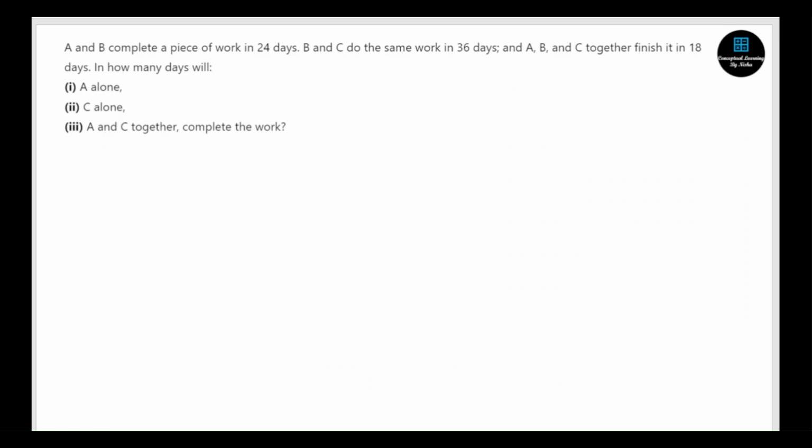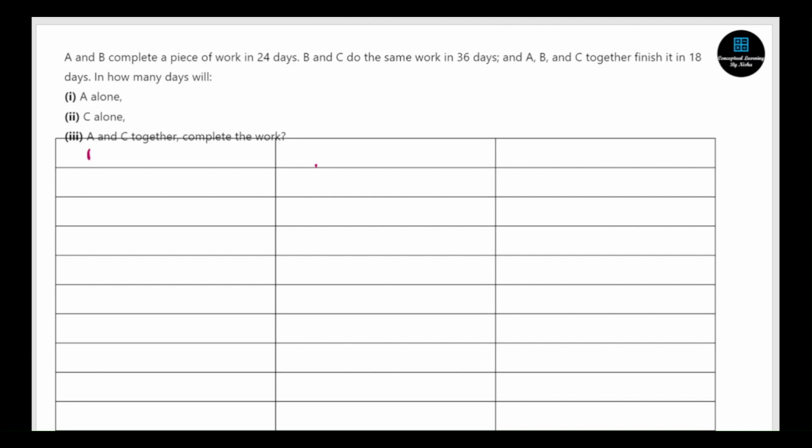Okay, now this is a similar question which we have already solved previously. A and B can complete a piece of work. Let me quickly make the table: a piece of work and number of days.